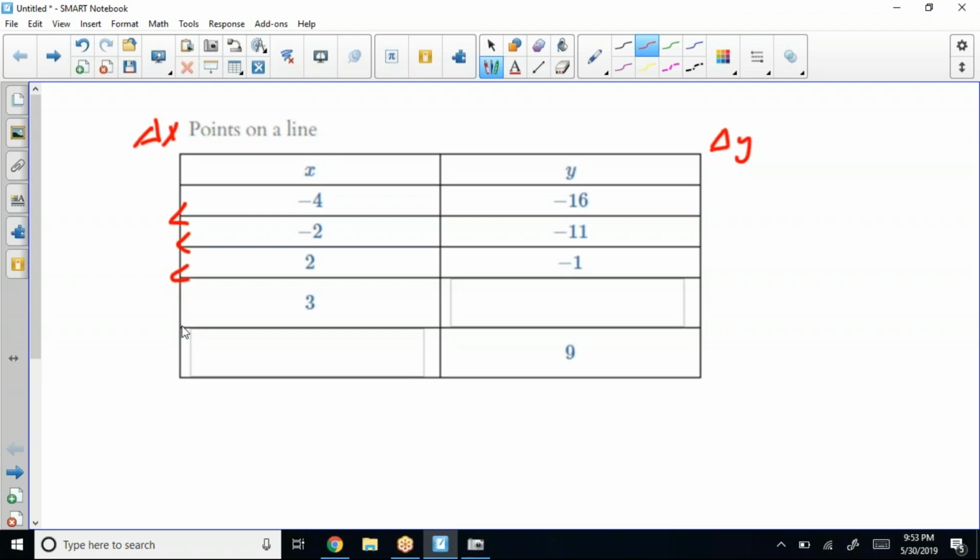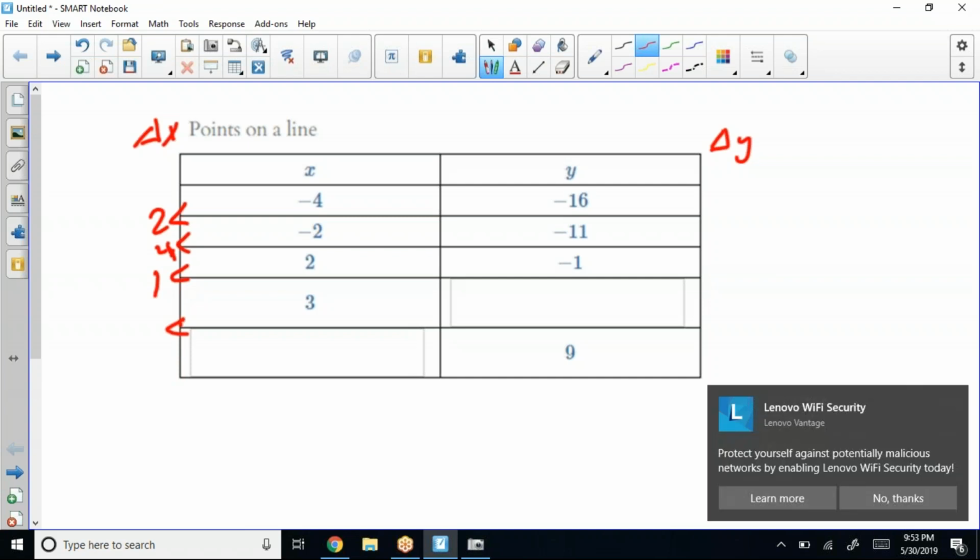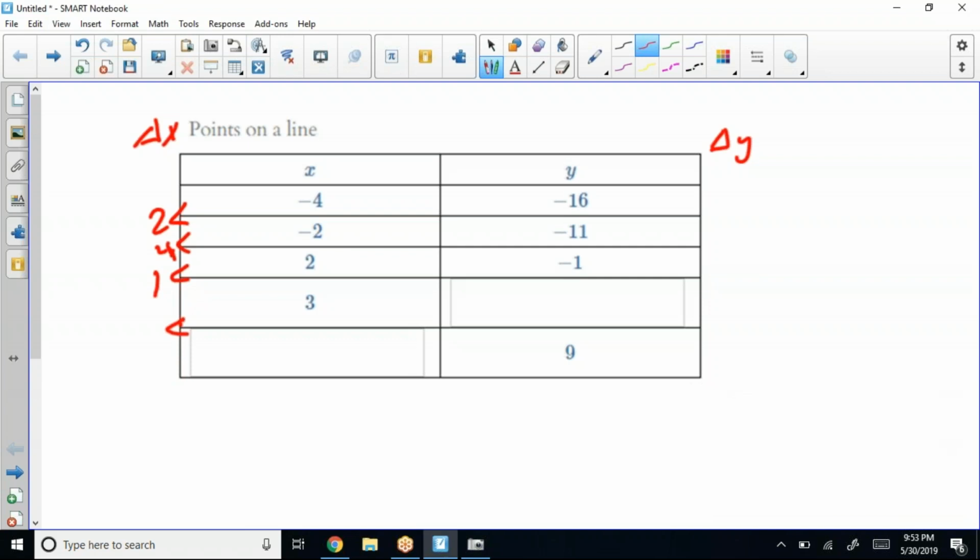From -4 to -2, that's an increase of 2. From -2 to 2 is an increase of 4. And from 2 to 3 is an increase of 1. So that takes care of my change in X.